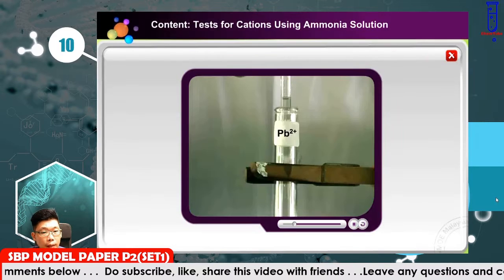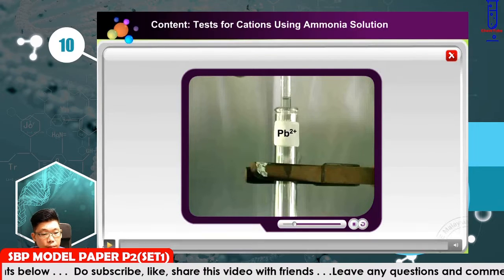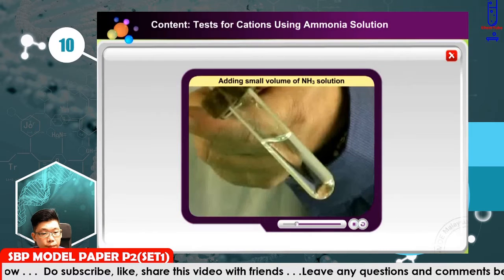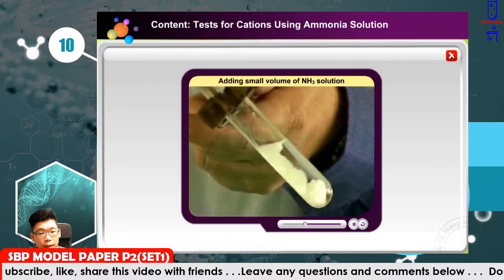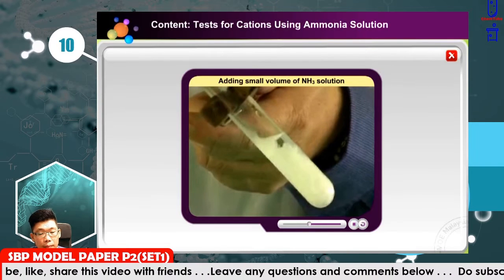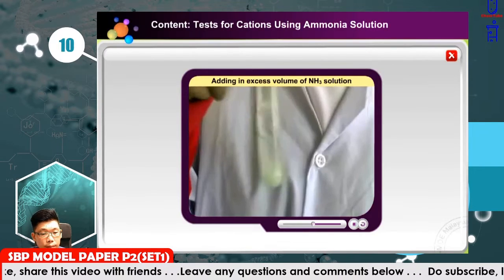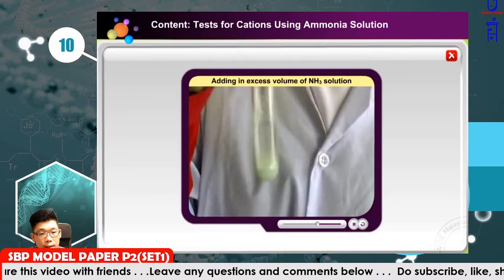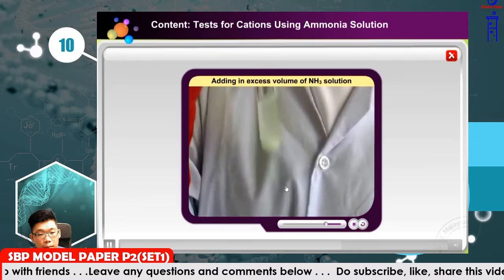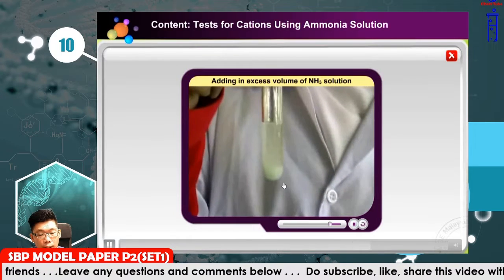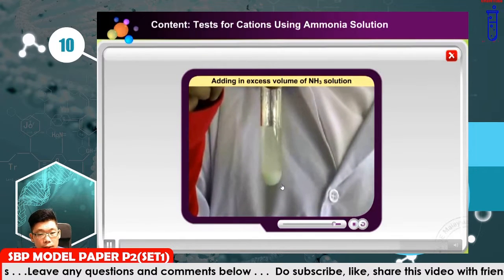For ammonia solution, a few drops form a white precipitate. In excess ammonia, the white precipitate is insoluble in excess.